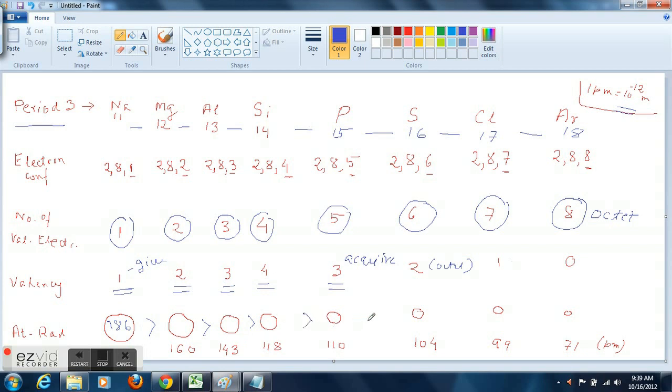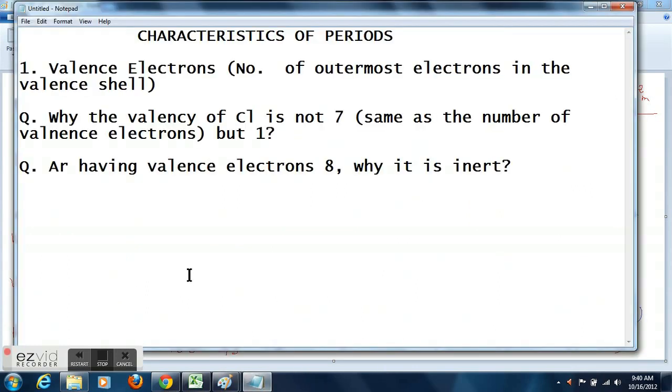For magnesium it is 160, and all the way down to argon, for which it is 71, which is the lowest in the period. Atomic radius will always be lowest for the last element in the period, that is, the inert gas element. So as we move from left to right in the period, the atomic radius decreases.